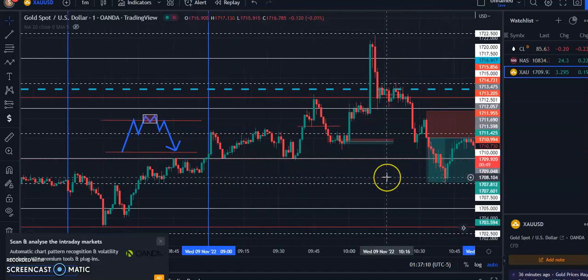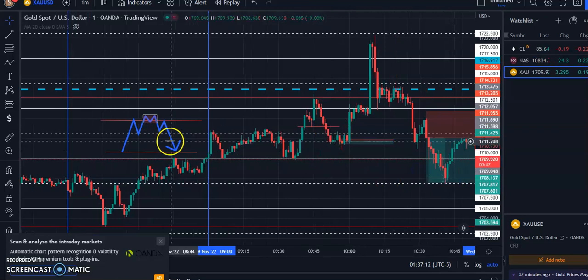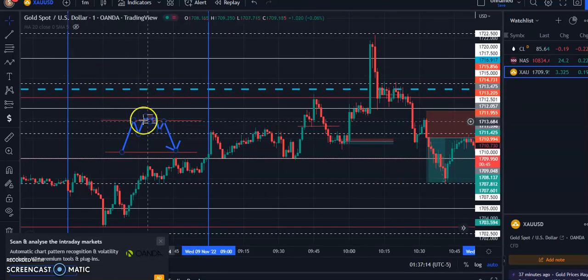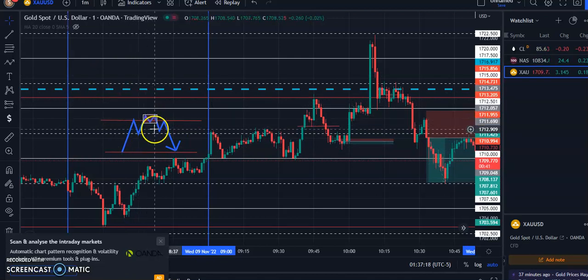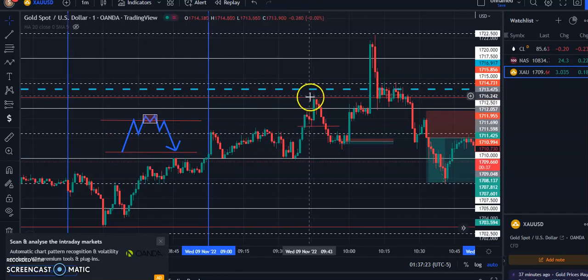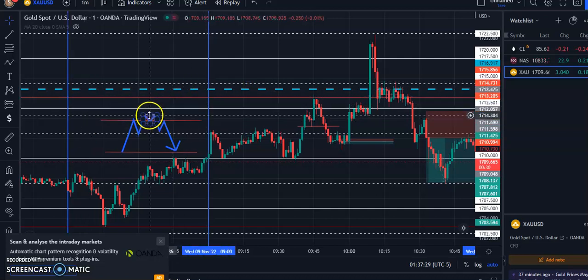So, lesson learned. Once the market does not give this structure, this is our textbook setup, this right here. We want the market to come to the high of the day and then come back again to stop hunt it, to give us our M structure.